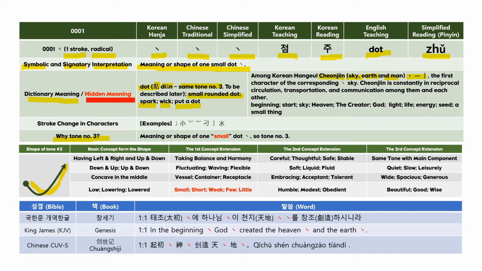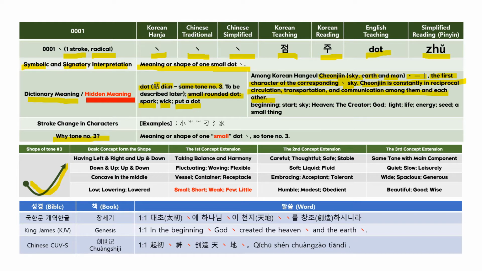So this dot means the first character of the corresponding 천지인, meaning the sky. These three fundamental characters of 천지인 consist constantly in reciprocal circulation, transportation, and communication among each other.